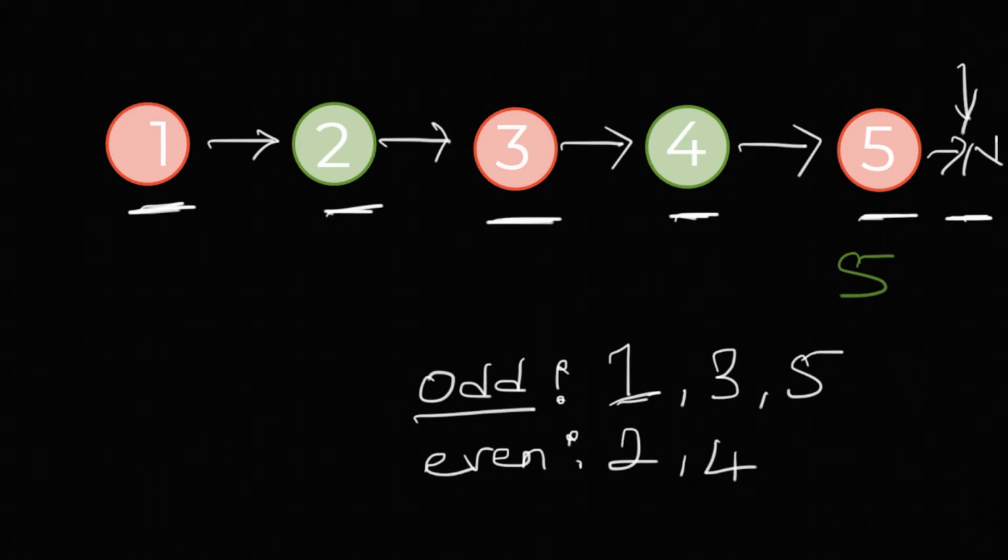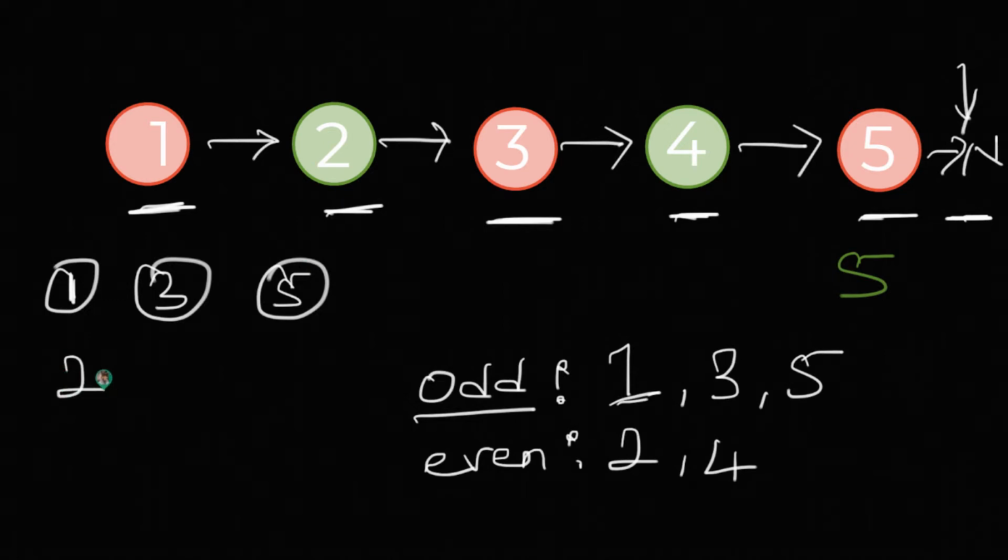So the first one would be connecting 1, 3, and 5. And then we reconstruct another linked list with the values at even indices. So that would be 2 and 4. So 1 connects to 3, 3 connects to 5, and then 2 connects to 4. So we're going to have 2 lists, 2 linked lists.